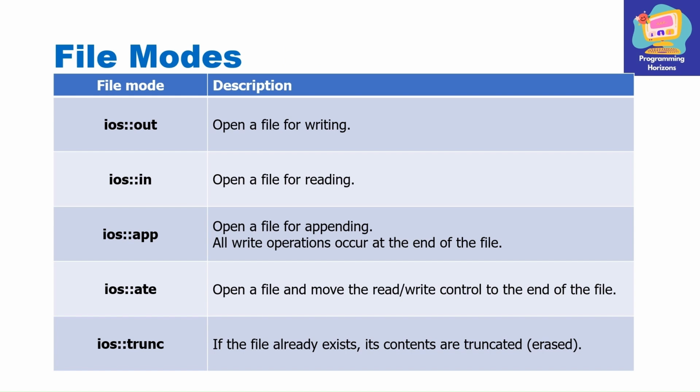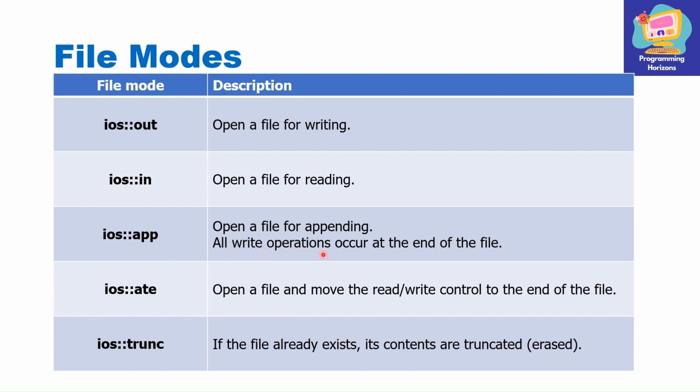We can open a file using one of the following file modes. The first mode is ios::out, which opens a file for writing. Second mode is ios::in, which opens a file for reading. Then third is ios::app, where app stands for append, and as the name suggests, this mode opens a file for appending.